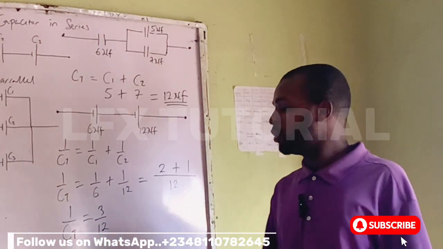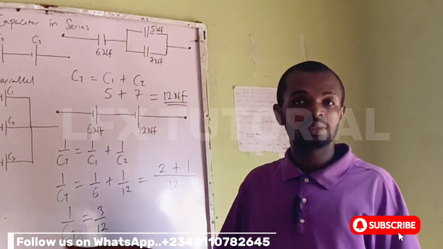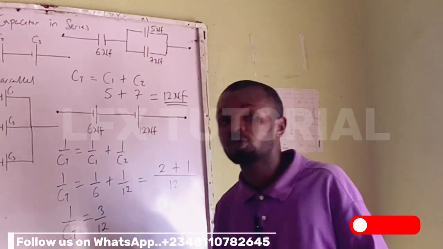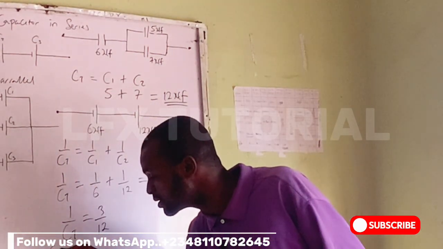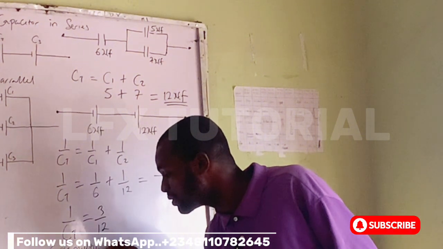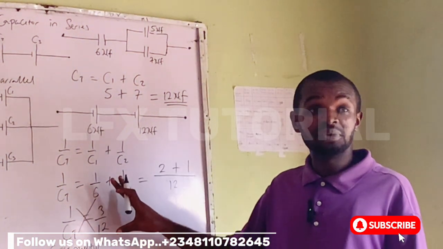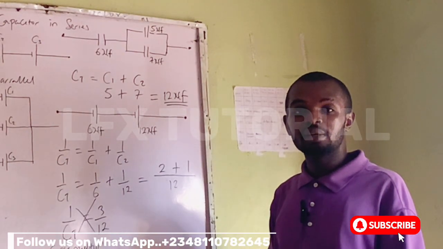At this juncture, we're looking for CT, not 1 over CT. What we're looking for is just CT. But what is here is 1 over CT. What do you do? Write it. If you do this thing in WAEC, they will not look at you again. They'll say, this guy cancelled this side. I'm serious.